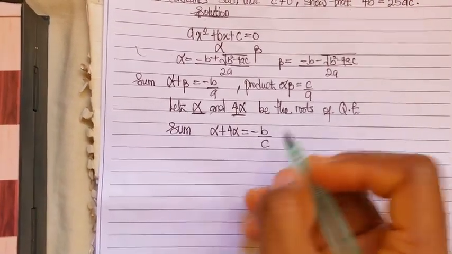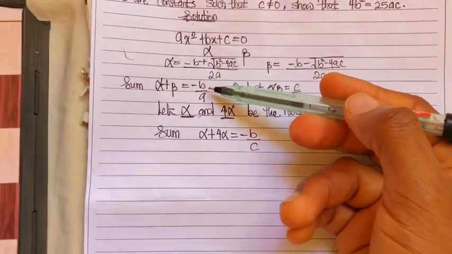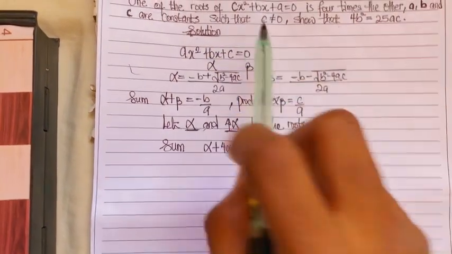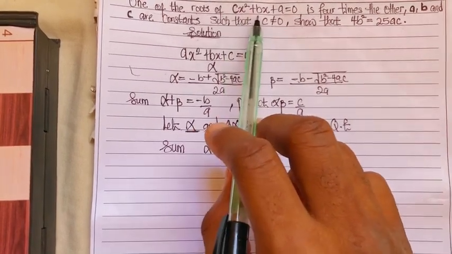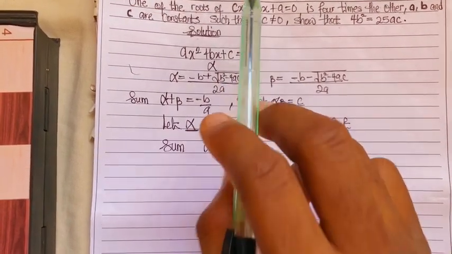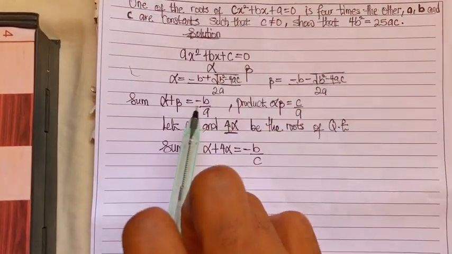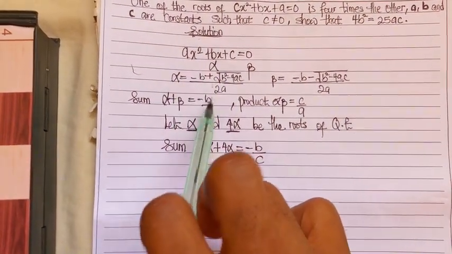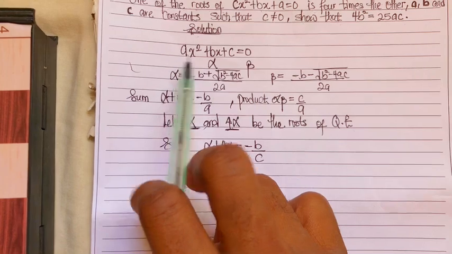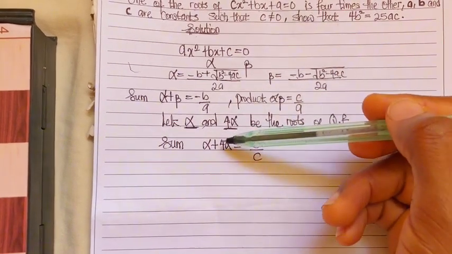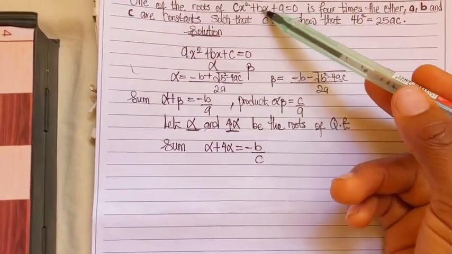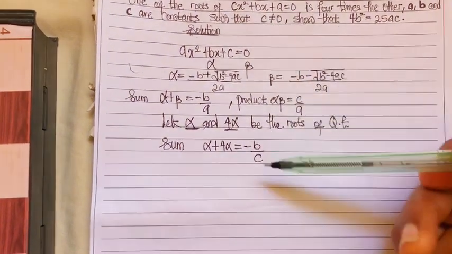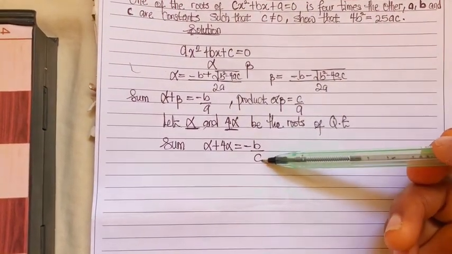Why is it minus b over c? If this one was minus b over a in the previous expression, but we're using this expression this time around, it means the sum is negative of the second term over the first term, and that's why we have minus b over c.